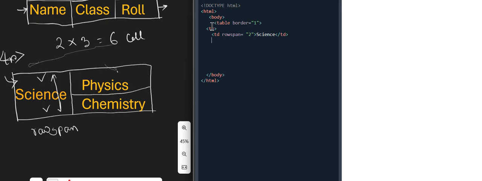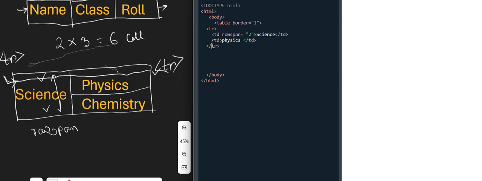Afterward, the table row started here, so it has to go through this direction and end here with tr, right? So within the physics also in the table row, we have to use for physics table data, physics, close table data, and now table row.